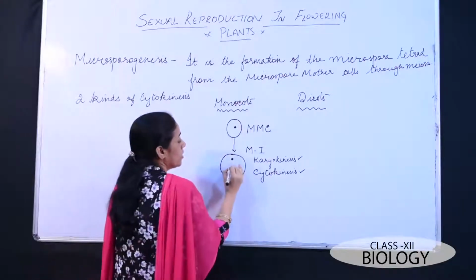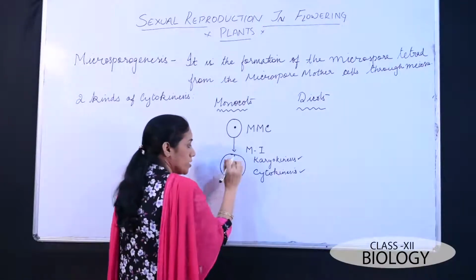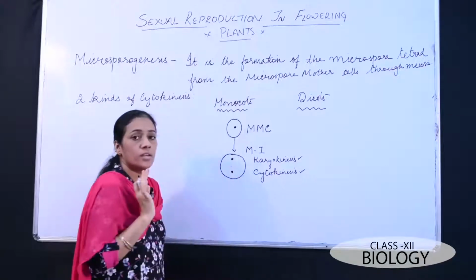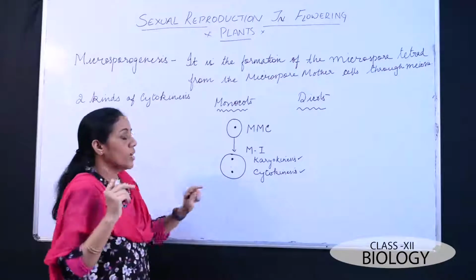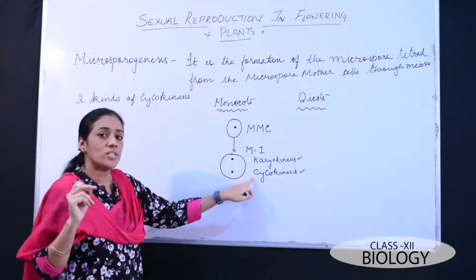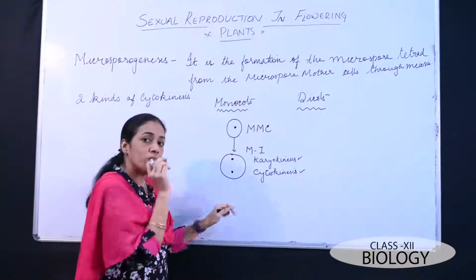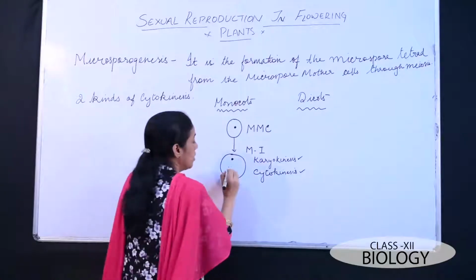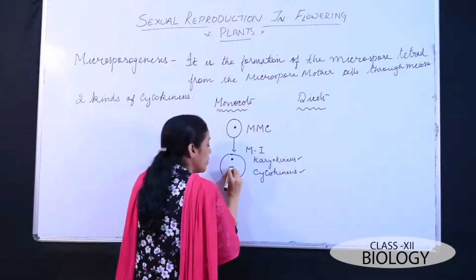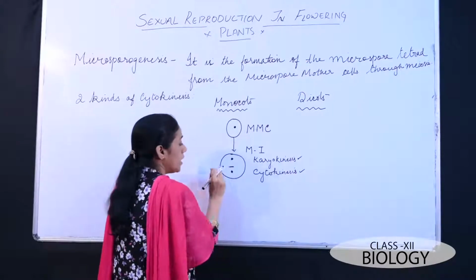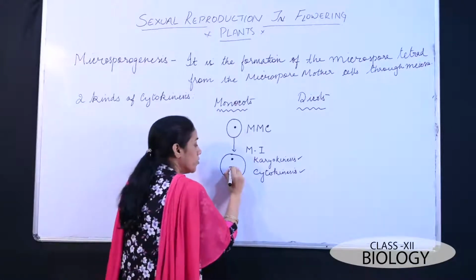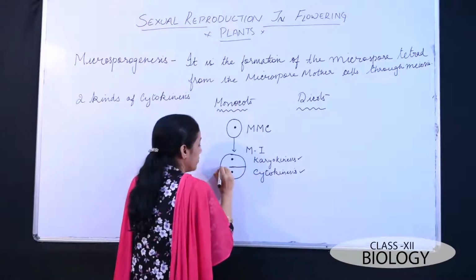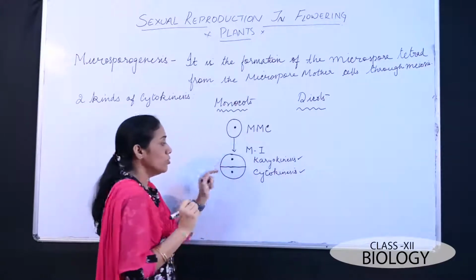So here nucleus division has already occurred. From one cell we got two cells, and now cytokinesis, that is a division of cytoplasm. So there will be the formation of a cell plate, and this cell plate will move further from the center to the periphery, dividing the cell into two halves.